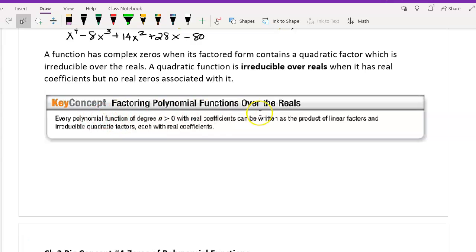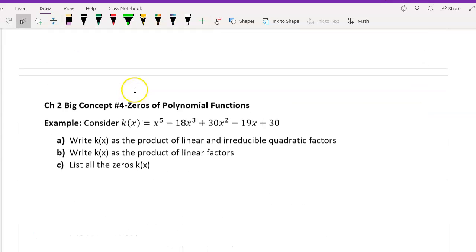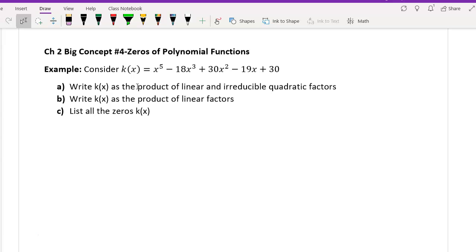So when that happens, you'll see that every polynomial function of degree n greater than 0 with real coefficients can be written as a product of linear factors. That's a key here, a product of linear factors and irreducible quadratic factors, each with real coefficients. So let's go ahead and work an example from beginning to end.